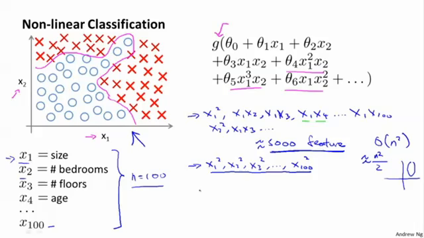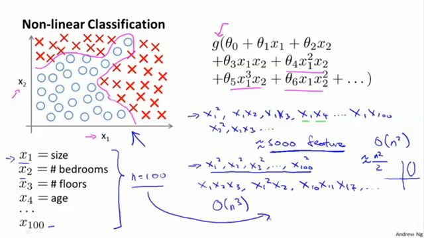If you were to include the cubic or third order polynomial features, like x1 x2 x3, x1 squared x2, x10 x11 x17, and so on, you can imagine there are going to be a lot of these features. In fact, they're going to be order n cubed such features, and if n equals 100, you can compute that you end up with on the order of about 170,000 such cubic features.